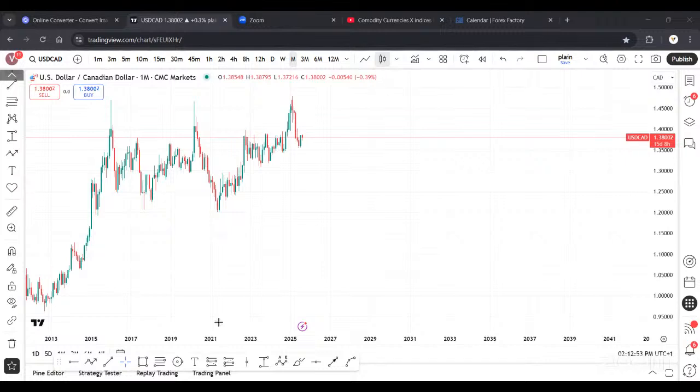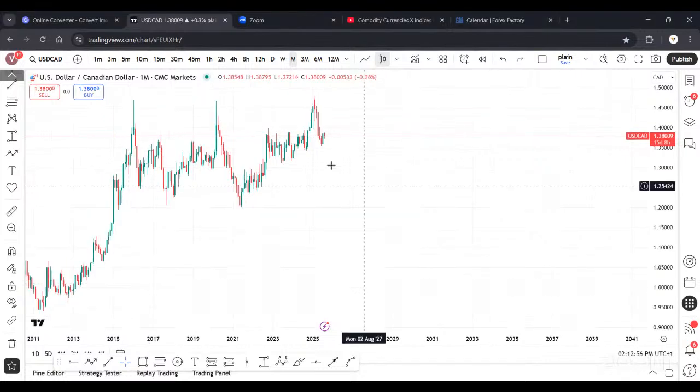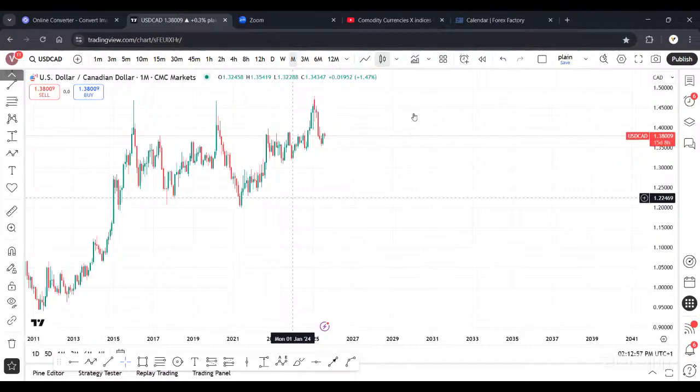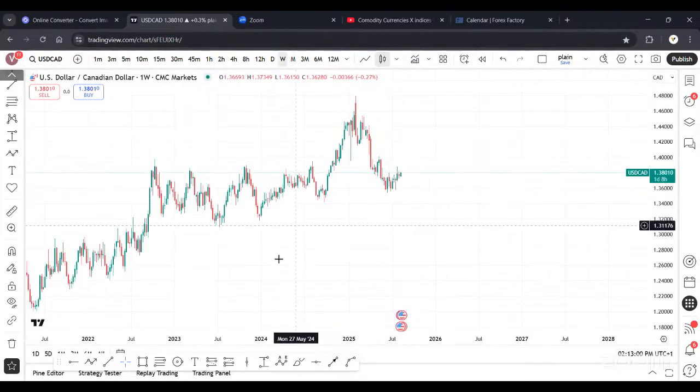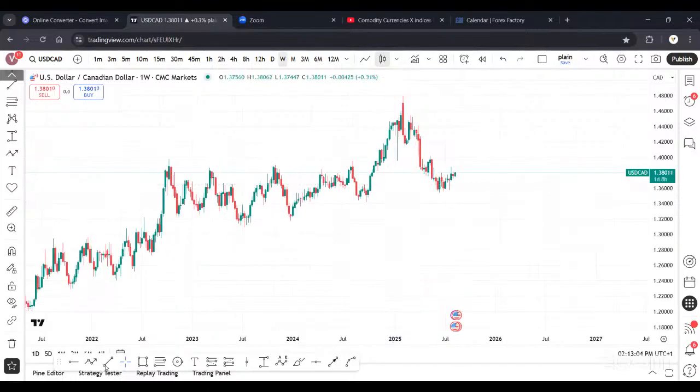So monthly trend is doing this, right? Weekly, same thing. Predominant trend is to the upside. You saw a change of character happen around this zone, better still around here, and then a break of structure. But let's go back to the daily and see if we have more data to look at.